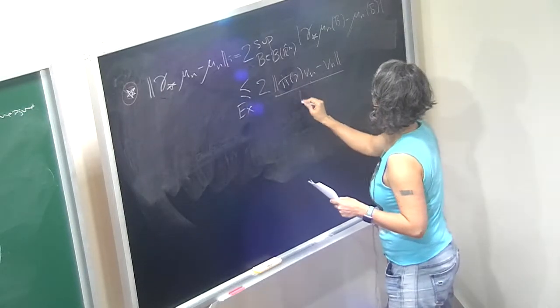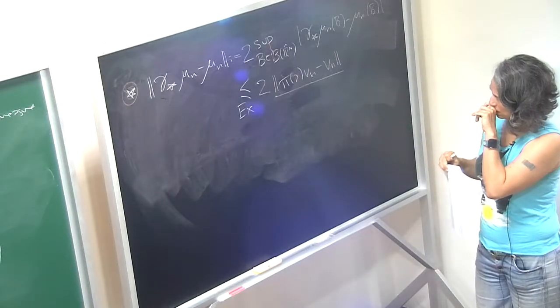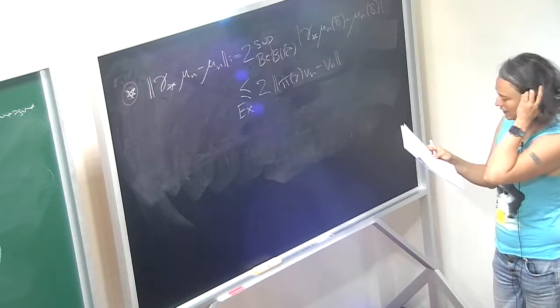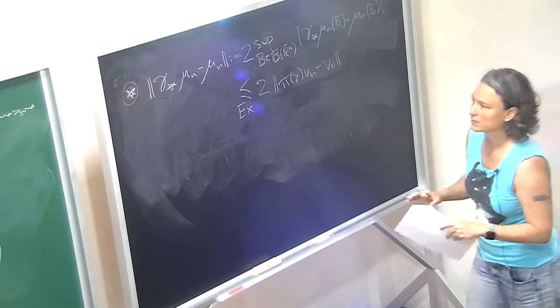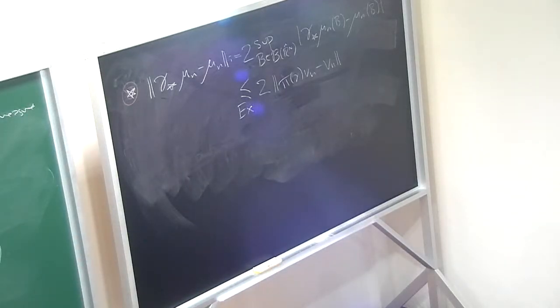divided by Vn. Sorry, you know what? I was supposed to normalize these to be probability measures. Sorry about that. Unit vectors.